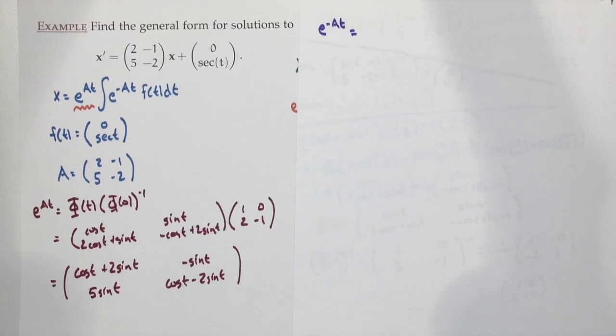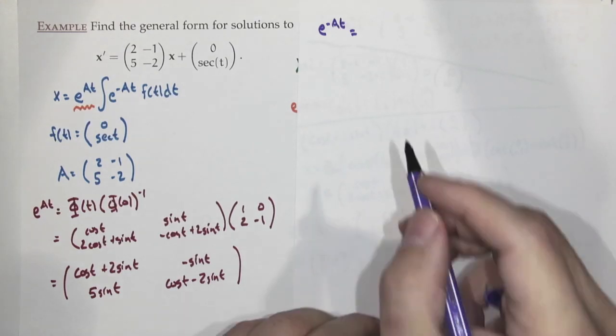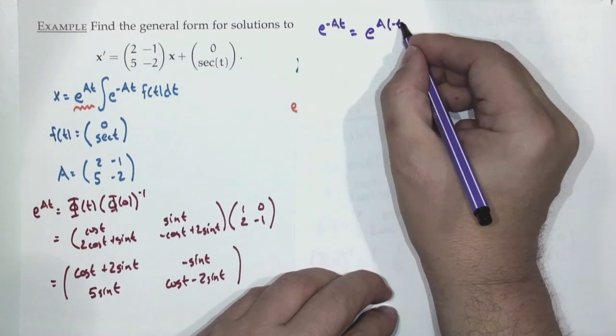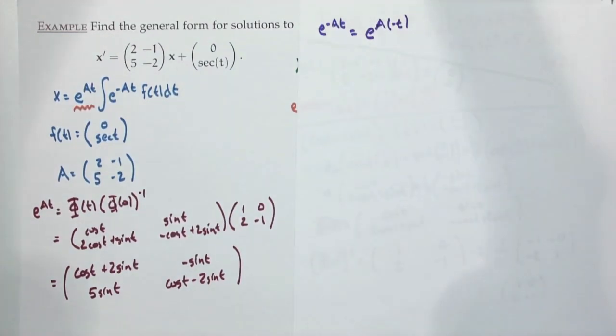I would probably discourage you from trying to do that. Another way to think about this is e to the A times minus t. So what does that mean? That means that everywhere you see a t, you now put a negative t.